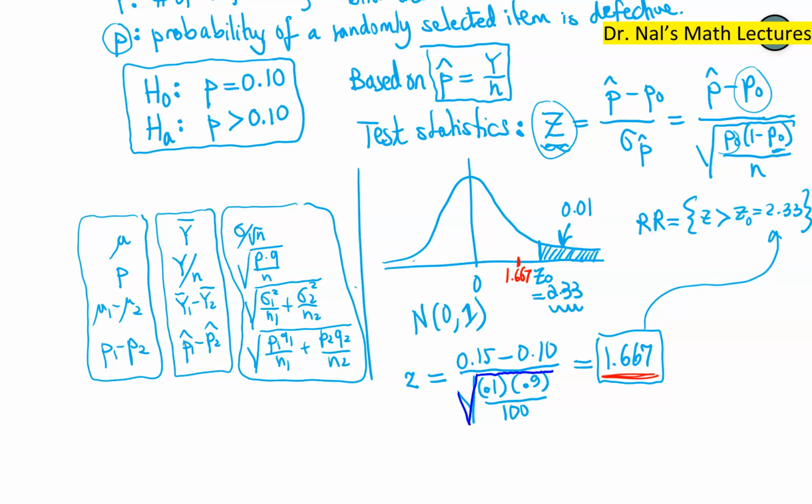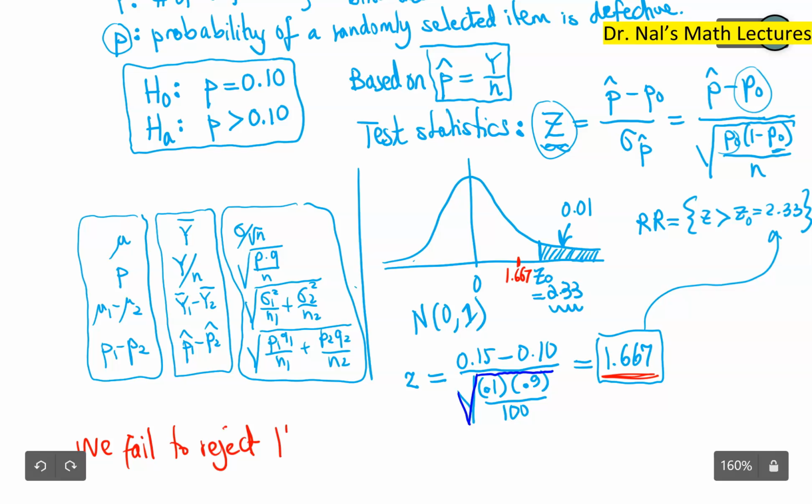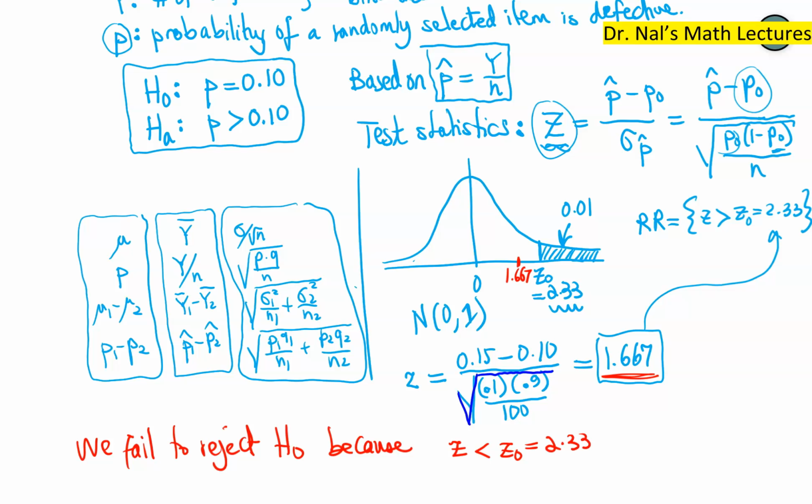But at the 1% level, with only a 1% chance of wrongly rejecting the null hypothesis, we are not that confident. We are at least 95% confident, but not 99% confident. So we fail to reject H0 because z is less than z0, which is 2.33. Oh boy. All right, good.